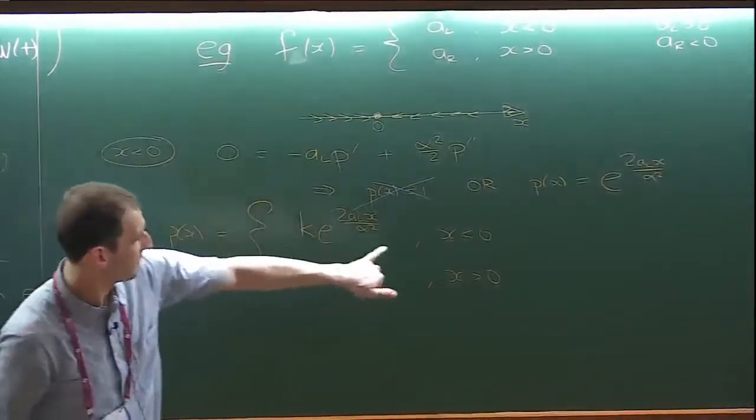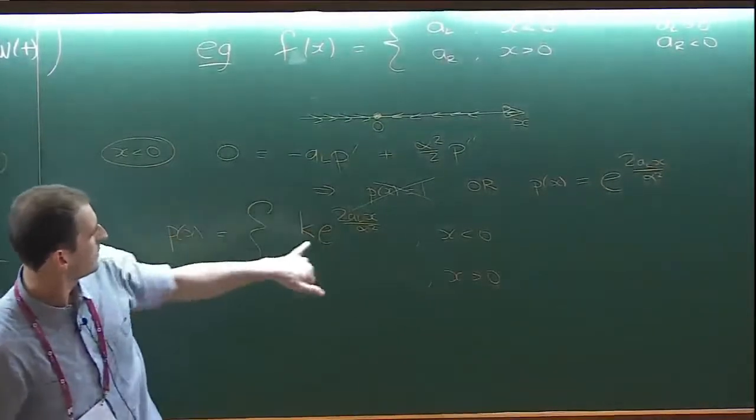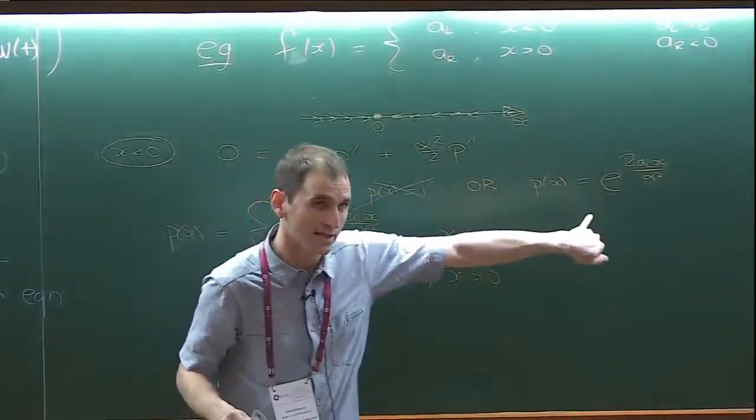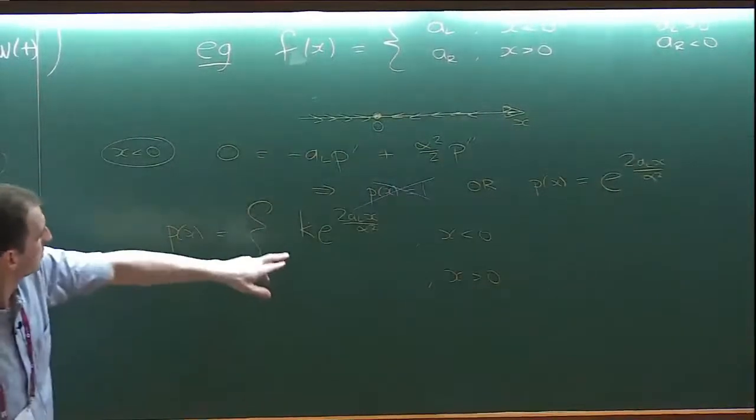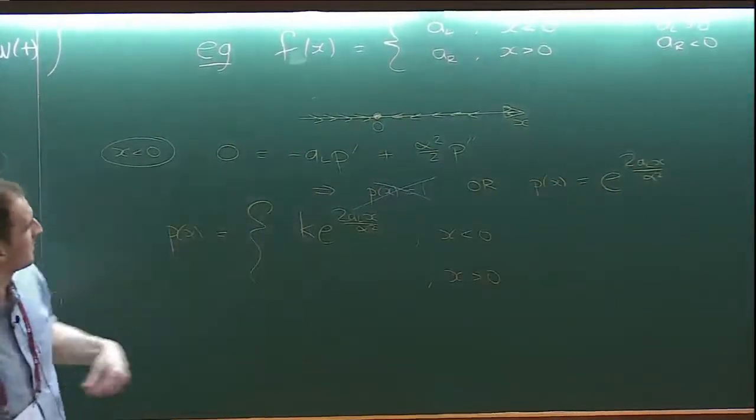So what I've found is that for x negative, the steady state density p has to be some multiple of that exponential. I'll call my multiple k.